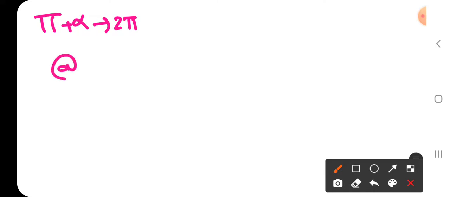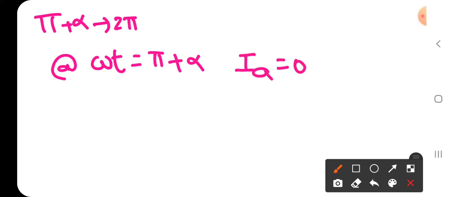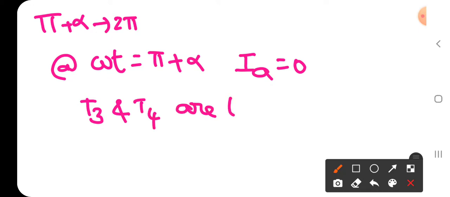At omega t equal to pi plus alpha, IA is equal to 0. That means in this circuit the load is not connected to the source. And at omega t equal to pi plus alpha, T3 and T4 are turned on, that is triggered.